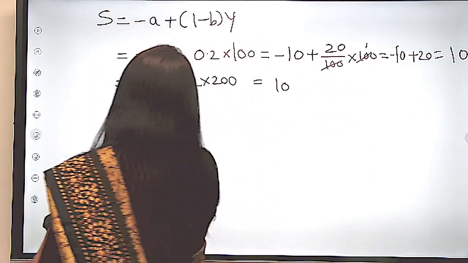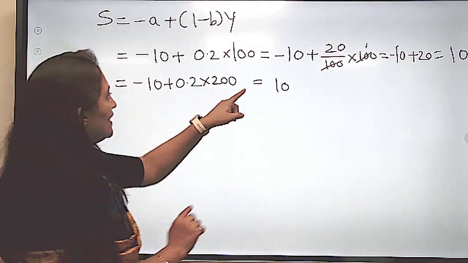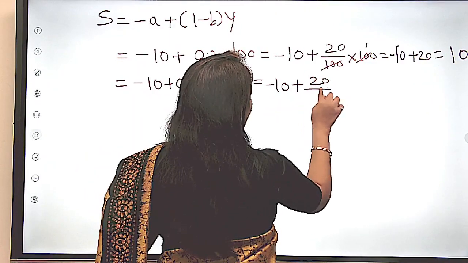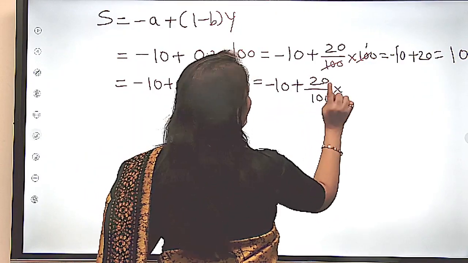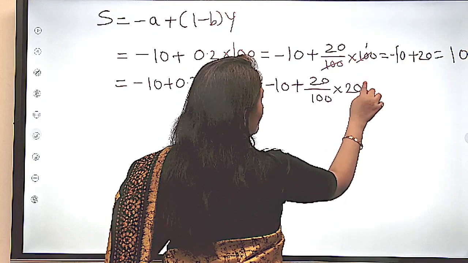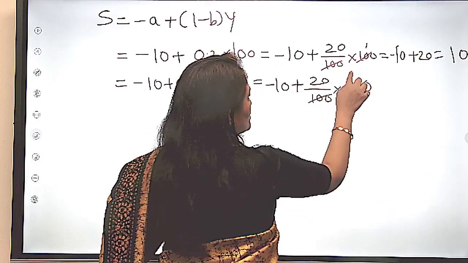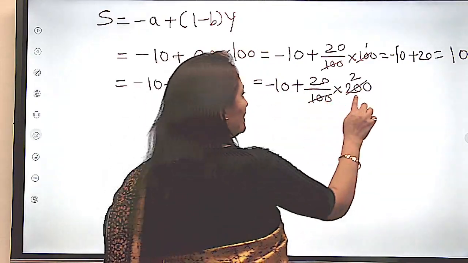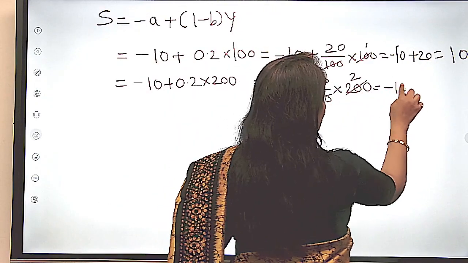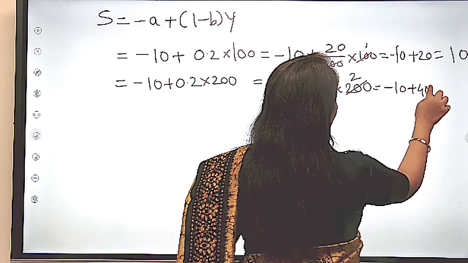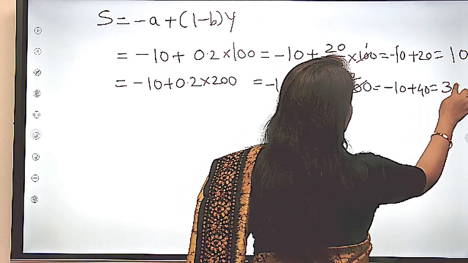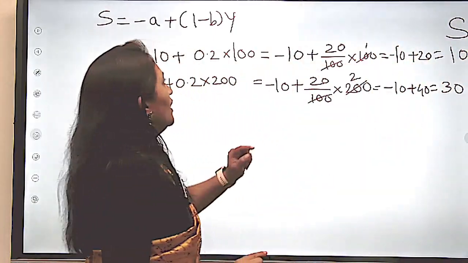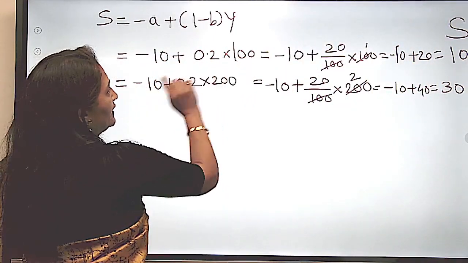Now minus 10 plus 20 upon 100 into the new income 200. 100 twos are 200. 20 into 2 is 40. So minus 10 plus 40, you get the answer 30. So these are our values for savings with different values of income.